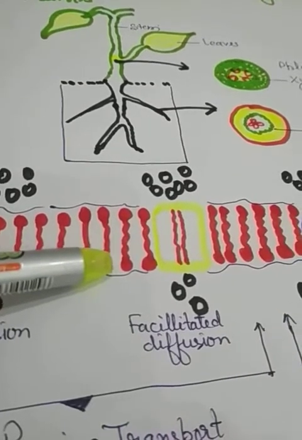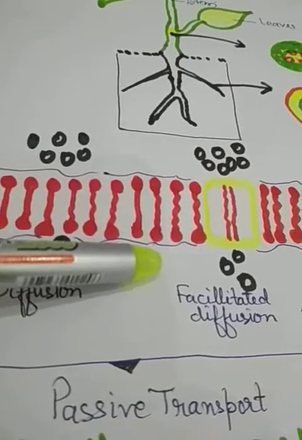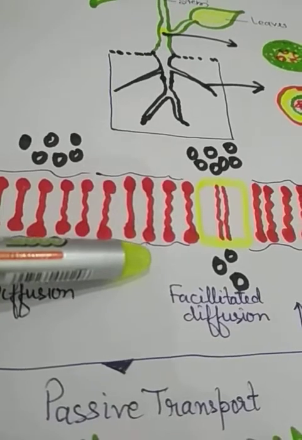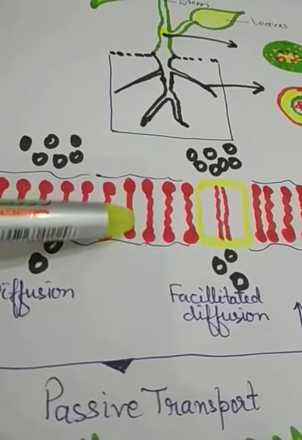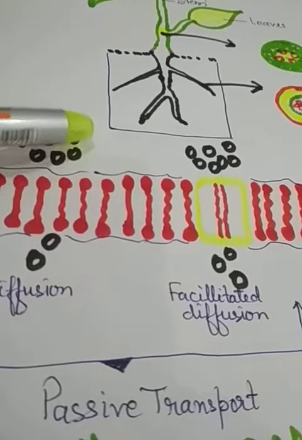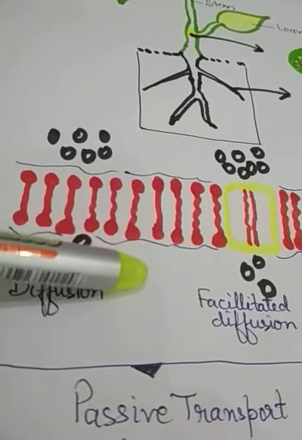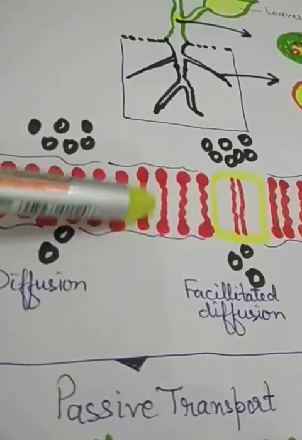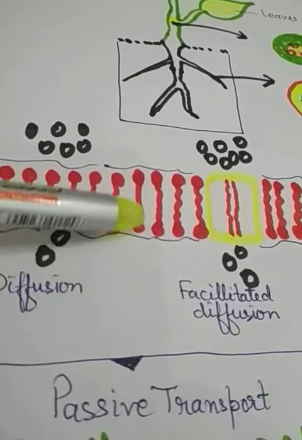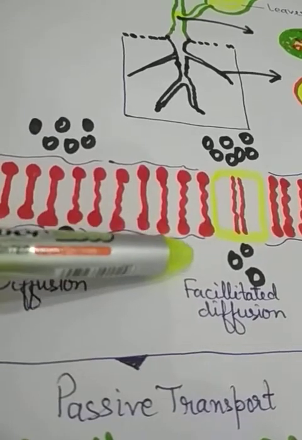These are the main factors for passive transport, and passive transport is the fastest transport. When water gets transpired, evaporated from the stomata, then more and more diffusion of water takes place from the roots. So this is the autonomous transport, and there will be no requirement of energy.